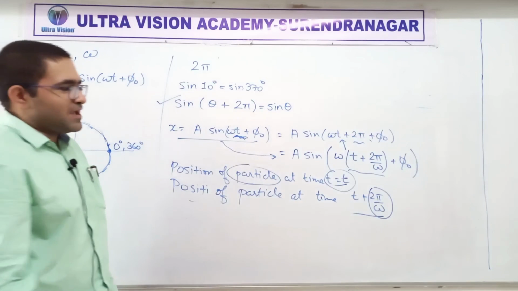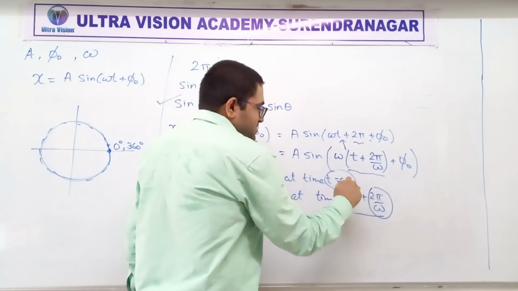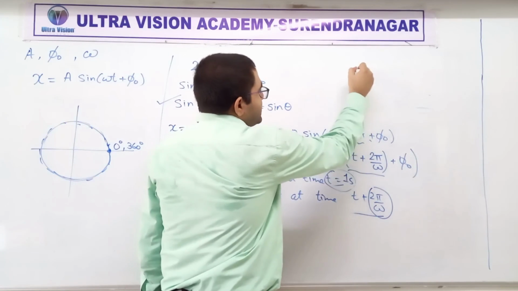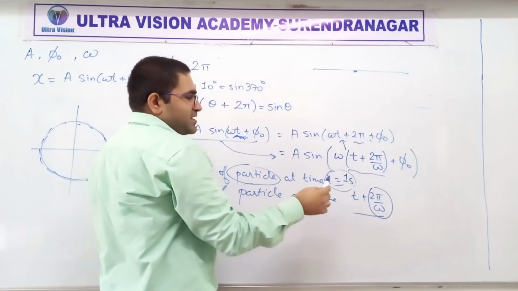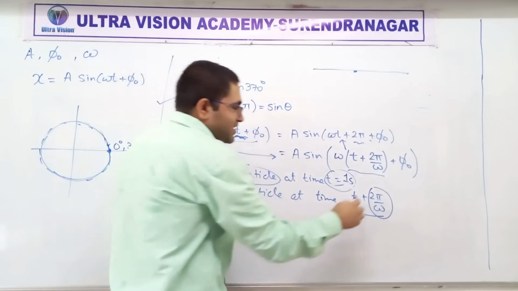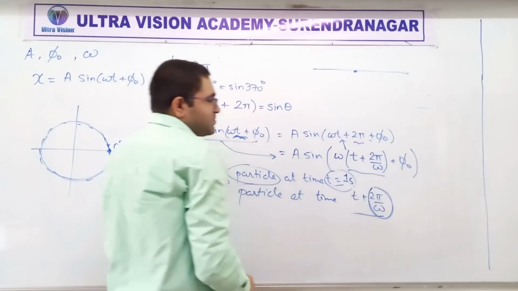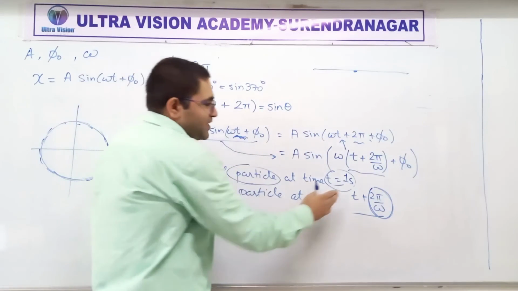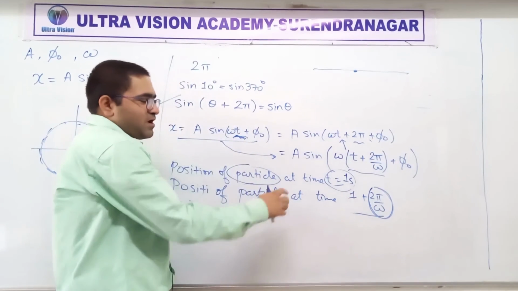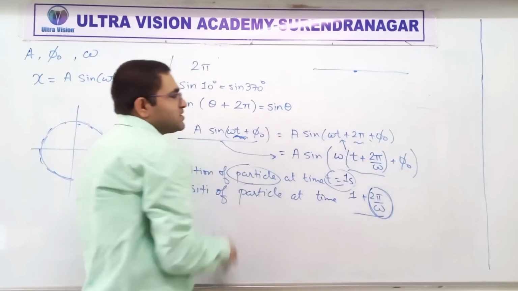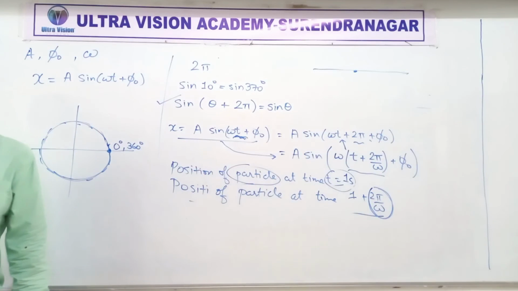Right? So for example, suppose the particle was somewhere here at 1 second. Then the particle is going to repeat everything once again after how much time? After 2 pi by omega. That is, it will come to the same point, it will repeat all the motion after a time 2 pi by omega. Is that clear?